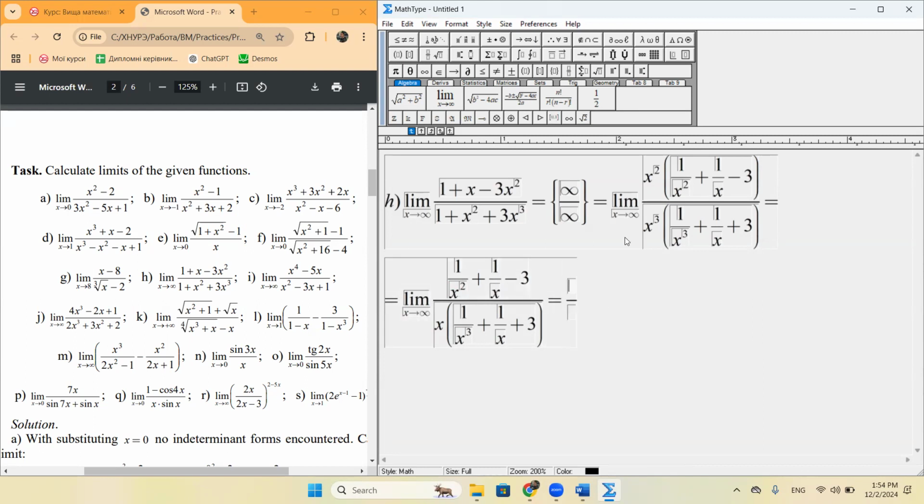So 0 plus 0 minus 3. And in the denominator, we will receive infinity by, so 0 plus 0 plus 3.